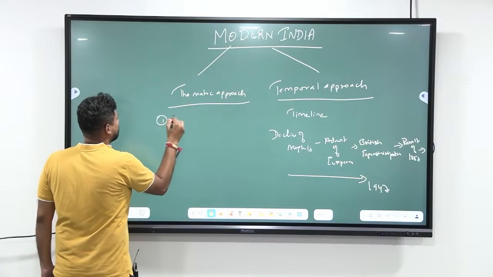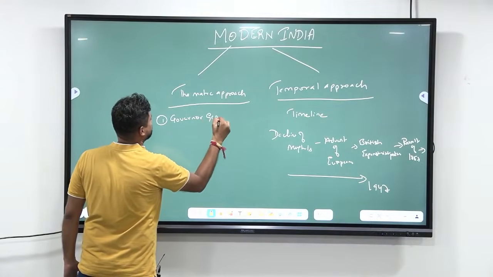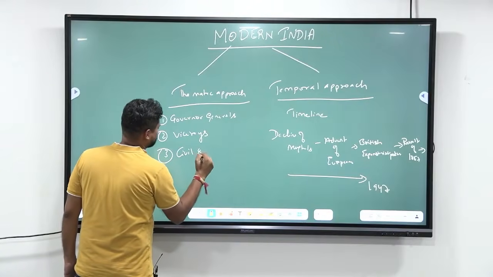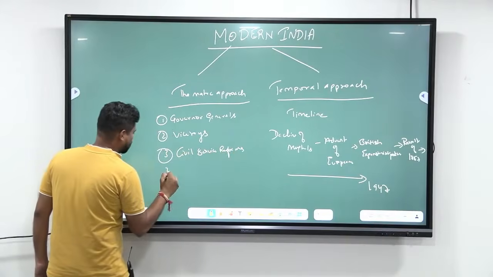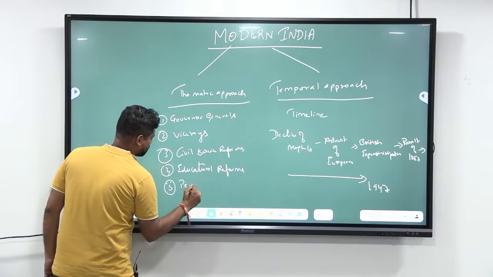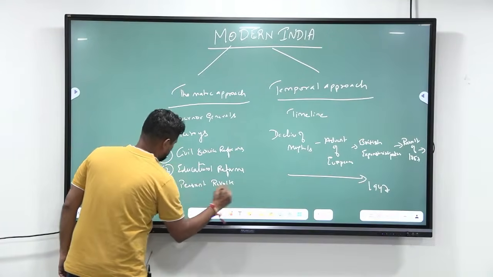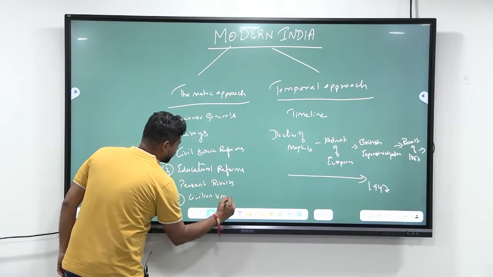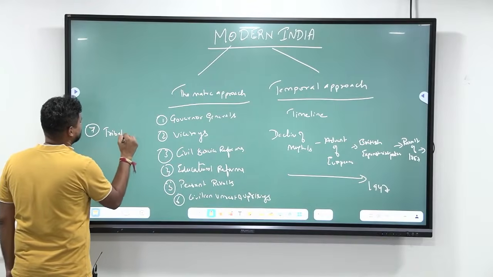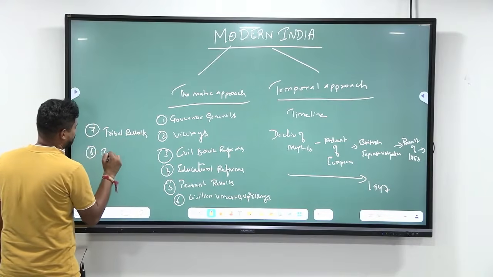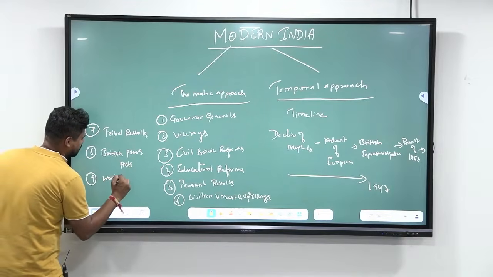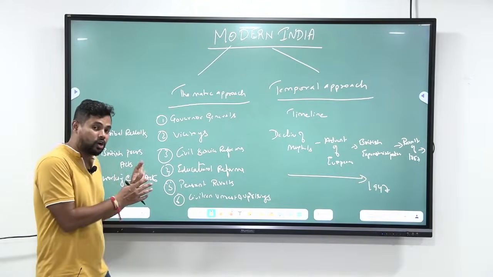For example, Governor Generals, then you have the Viceroys, then let us say civil service reforms, then educational reforms, peasant revolts, civilian unrest and uprisings, then tribal revolts, then British press acts, then working class acts. So these are not an exhaustive list. You can keep going on.